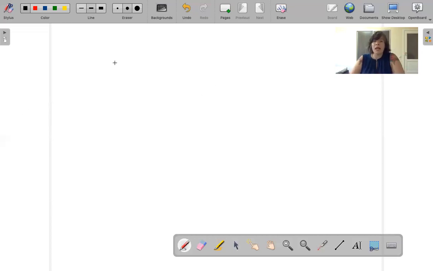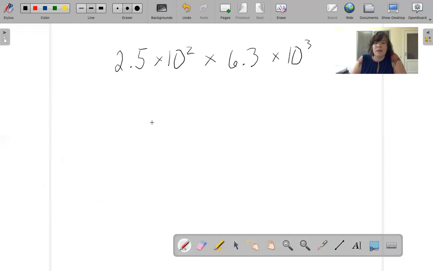So when you're multiplying, don't worry, I know I promised we were going to end, and we are. I'm just showing you times 6.3 times 10 cubed. When you're multiplying, you multiply these two and multiply these two, and you've got the answer.